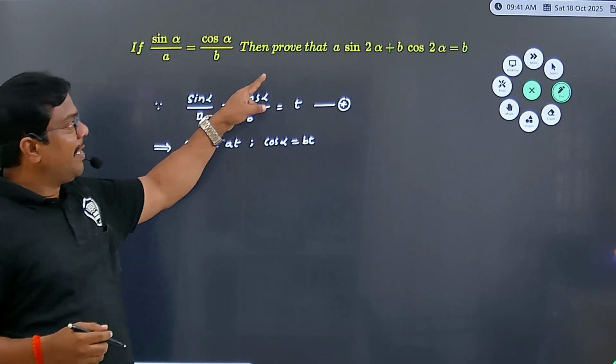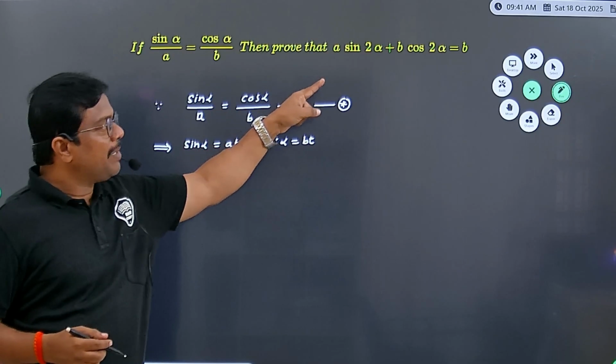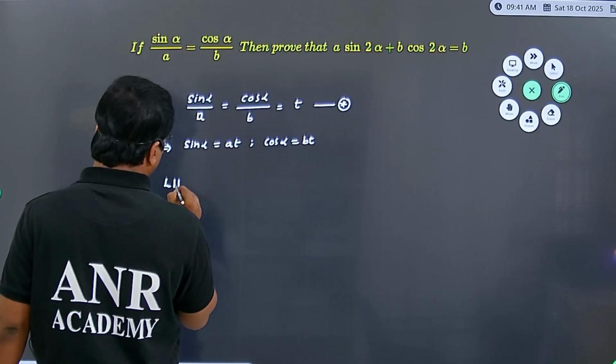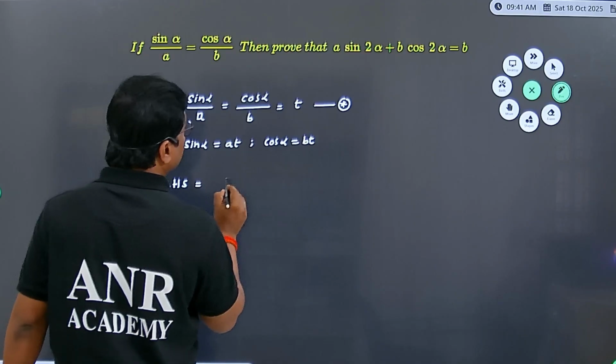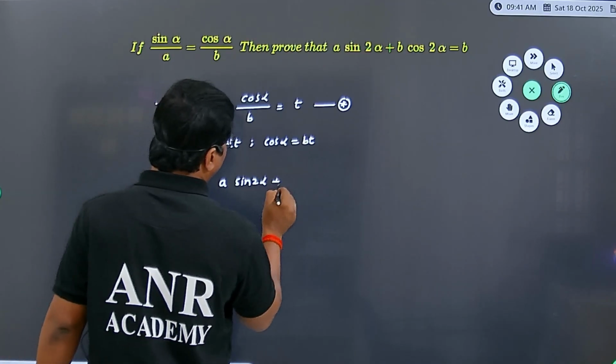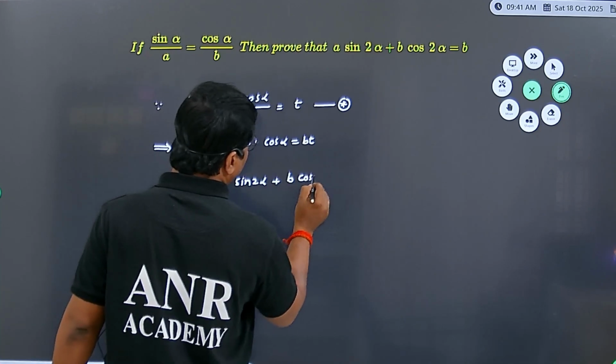And from this I can write sin alpha value a into t, cos alpha value b into t. The aim is to show a sin 2 alpha plus b cos 2 alpha equals b. So now the LHS part, a of sin 2 alpha plus b of cos 2 alpha.